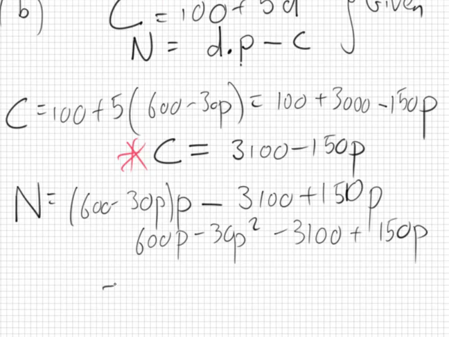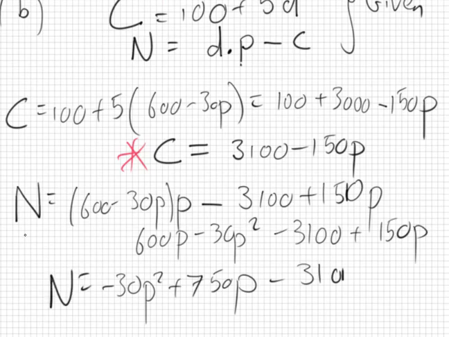Minus 30p squared plus 600p. Oh, hang on, there's a 150. So that'd be plus 750p minus 3100. That's the N. That's 3100 at the end here. What does N represent? The profit.